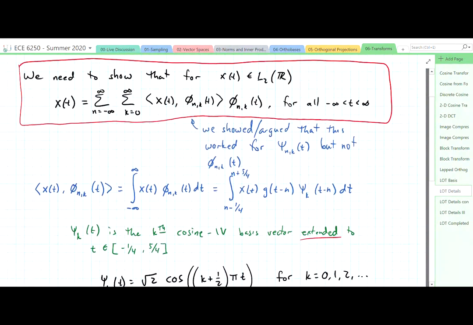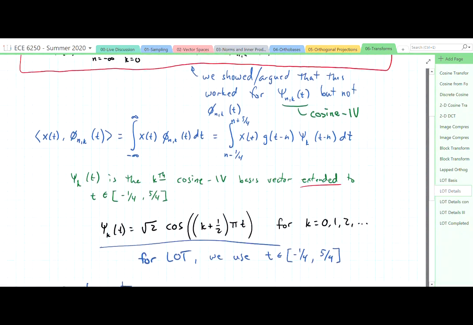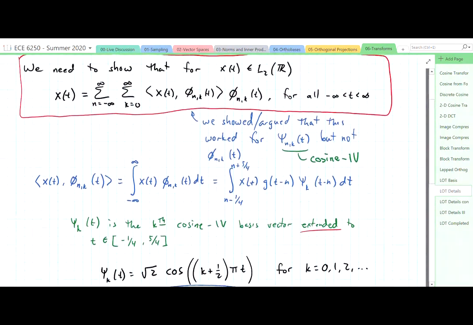We've already shown that we can do this for the cosine 4 basis functions, that was our psi n k of t, but we haven't shown that yet for phi. And phi has this weird property that it's not defined just on the interval from 0 to 1, but it extends beyond that.